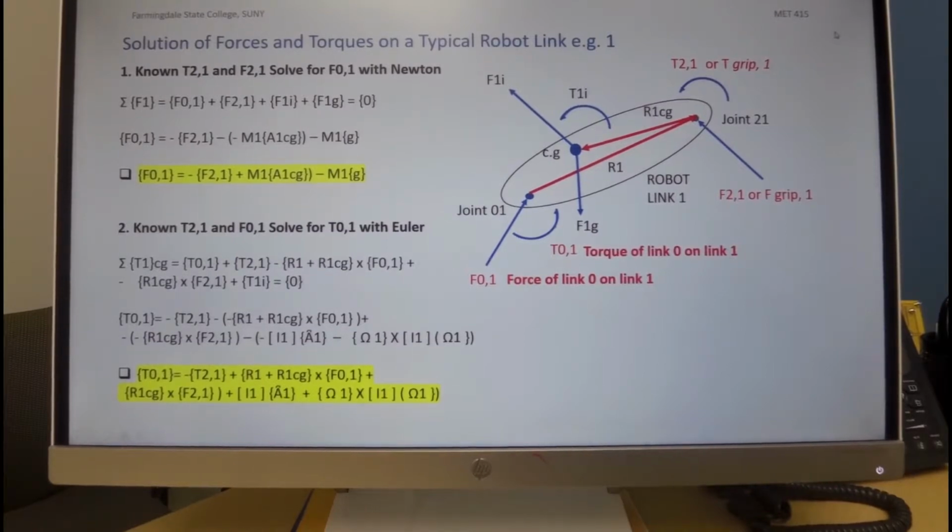We're starting with the one that is engaged with the gripper, where we know the forces and torques, and then we come down to find the reaction torque and reaction force. And once we go through the chain, this will be known, and what we'll be looking for in this particular case is F01, for this particular force here.